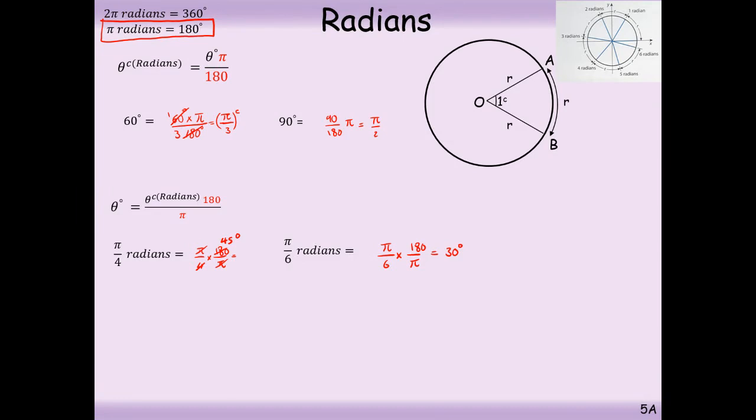So some conversion ratios that you might want to remember: 30 degrees is equivalent to pi over 6, 45 degrees is pi over 4, pi over 3 is 60 degrees, and so on. Okay, so let's look at the next example.